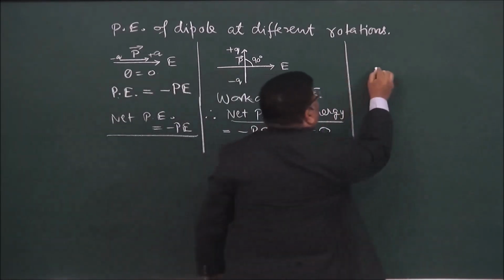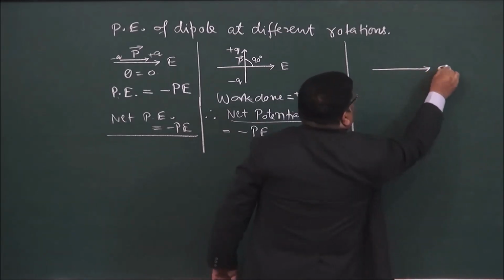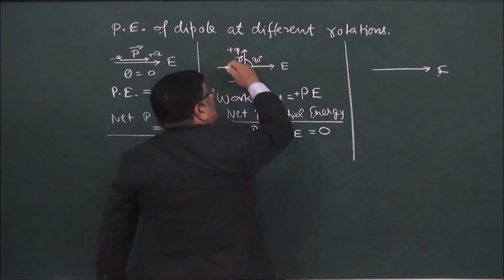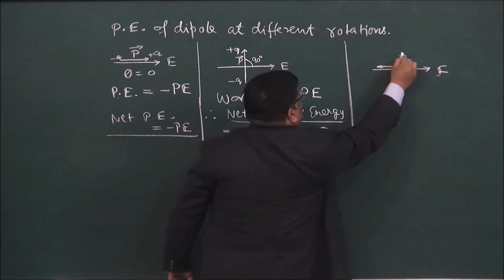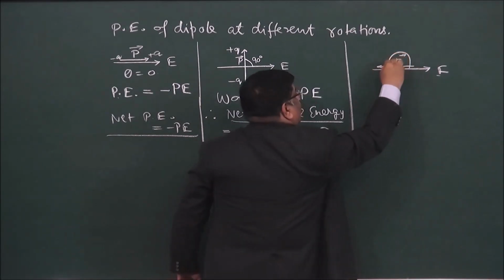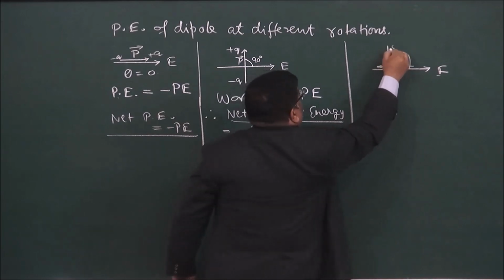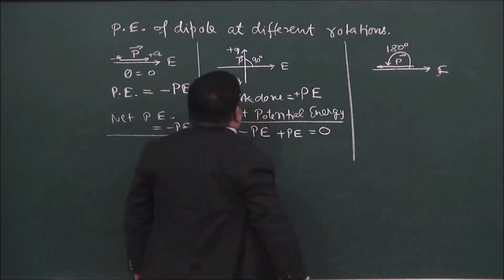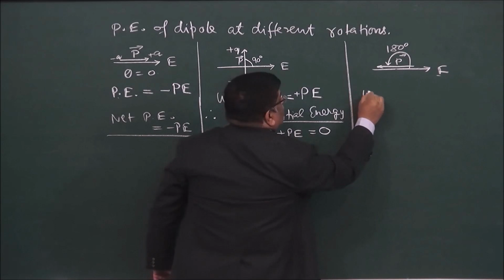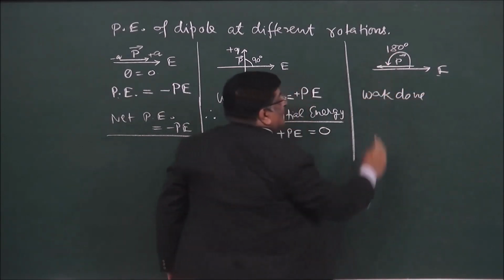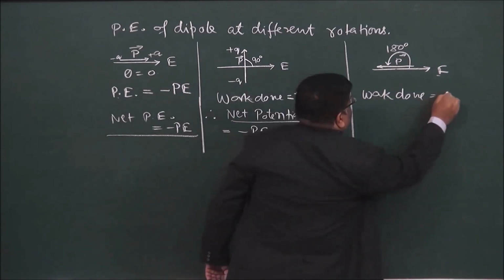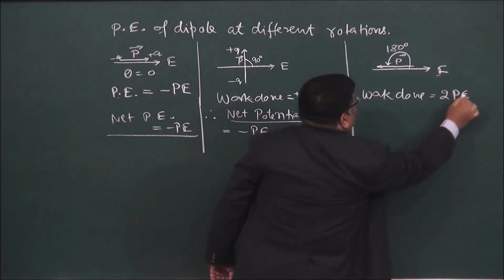Rotate it more. This is electric field, and we turn it further, and now we turn it by 180 degree. How much? 180 degree. Okay, then how much is the work done? In rotating by 180 degree, the work done is equal to 2 PE.